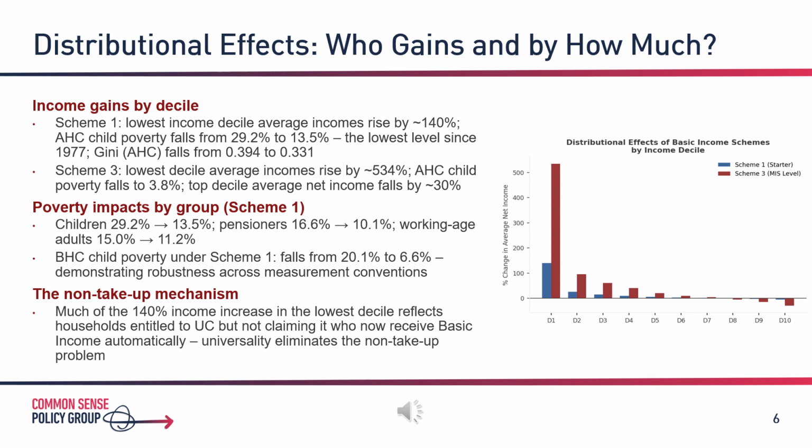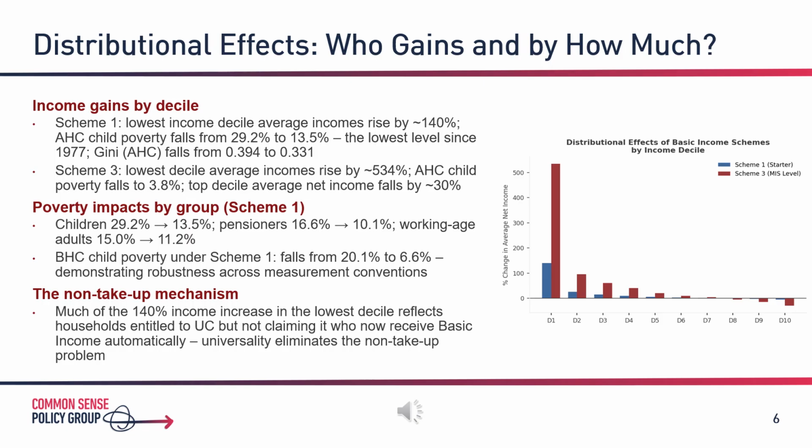The Gini coefficient on household incomes after housing costs falls from 0.394 to 0.331. A child poverty rate of 13.5% AHC would be the lowest recorded since 1977, lower than at any point during the Blair or Brown governments. This from a scheme that costs no net additional public spending.